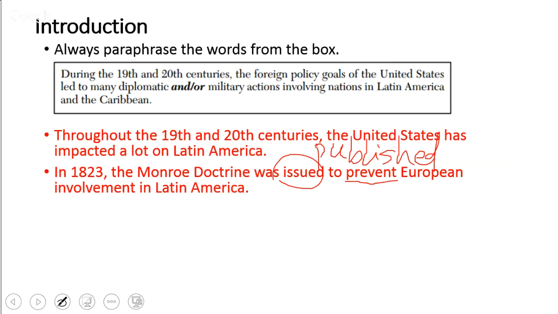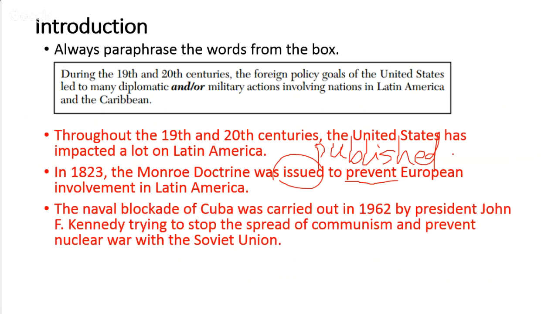Okay, next one. The next one is going to talk about the naval blockade of Cuba. The naval blockade of Cuba. We know naval means navy, right? So we send the navy to block.